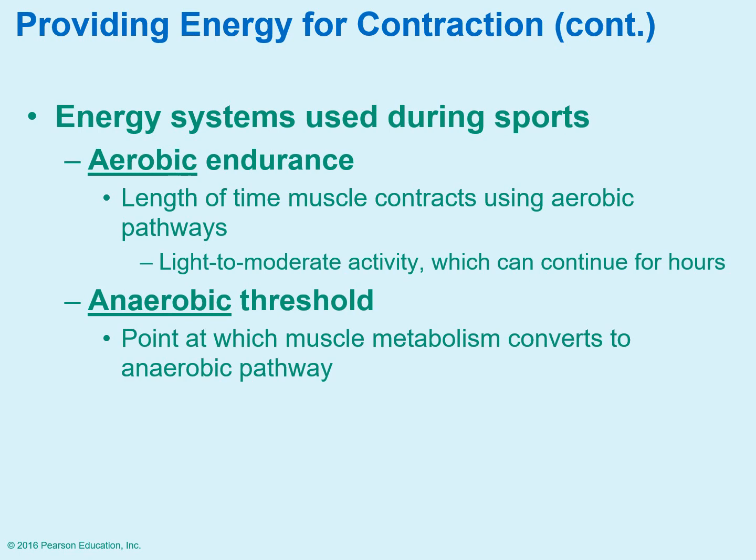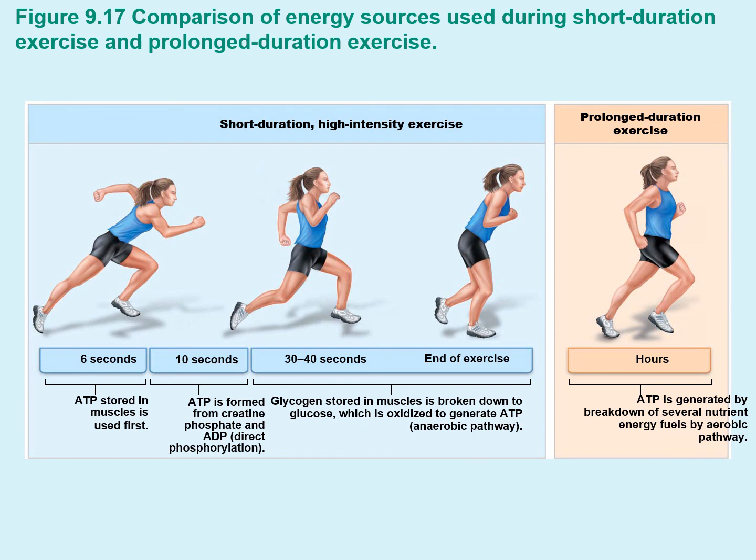So during sports, aerobic endurance versus anaerobic threshold: at what point does the muscle metabolism convert to those anaerobic pathways? This is just showing first you're using the ATP that was stored, then the creatine phosphate.